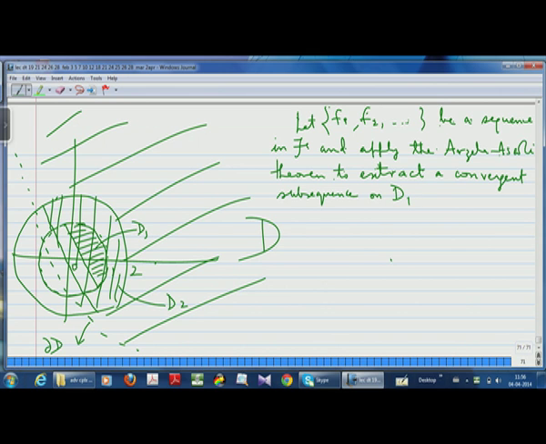Mind you, D1 is a compact set, it is a compact subset of D.